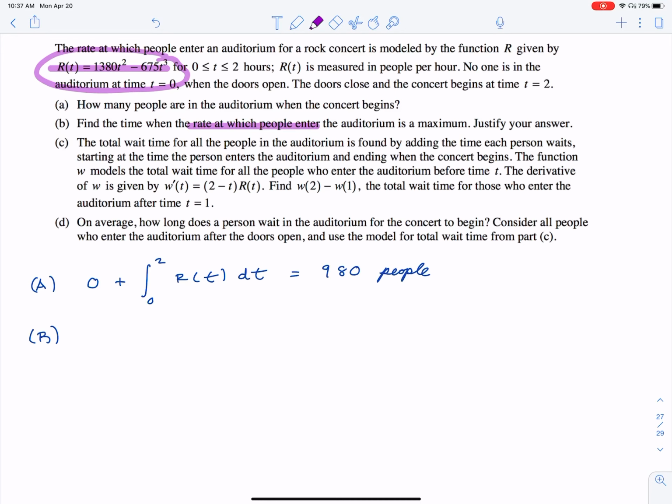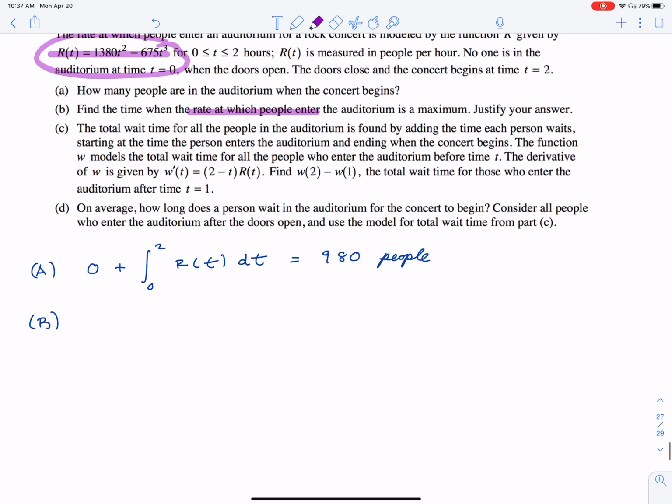Hopefully that makes sense. So first thing I'm going to do is take r prime of t, the derivative of r, and set it equal to 0.